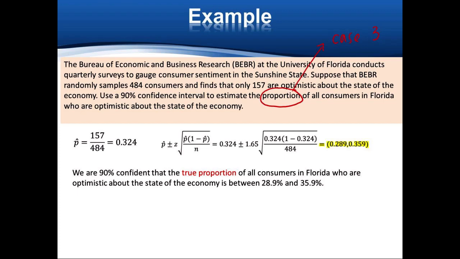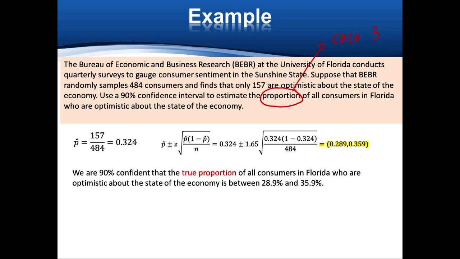Use a 90% confidence interval to estimate the proportion of all consumers in Florida who are optimistic about the state of the economy. Here, the question asks about the confidence interval for the proportion.